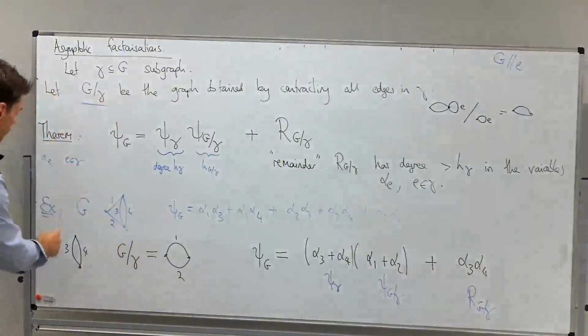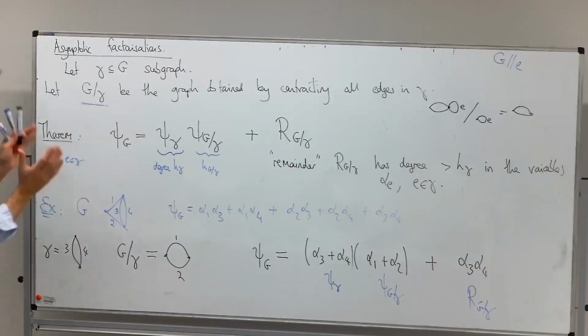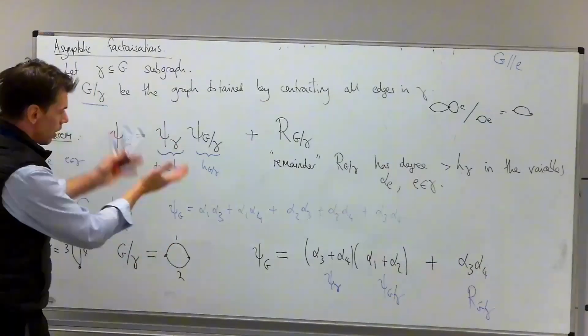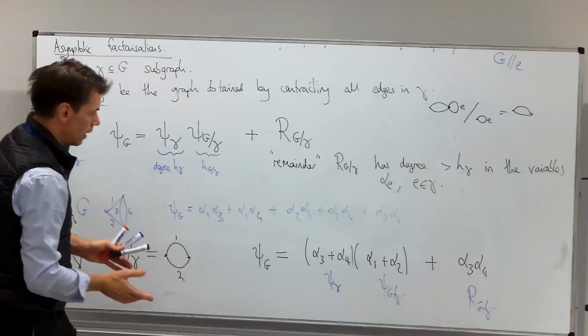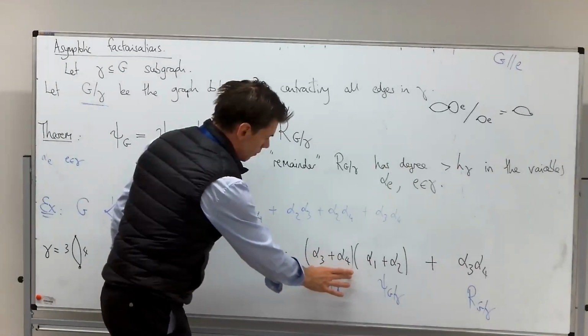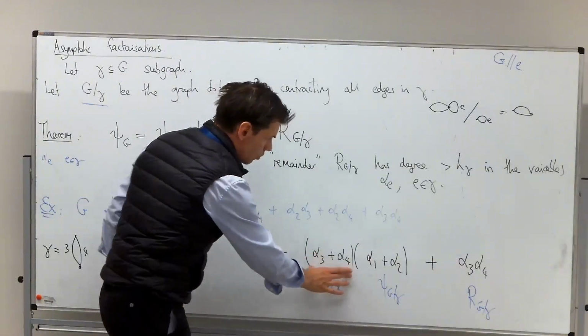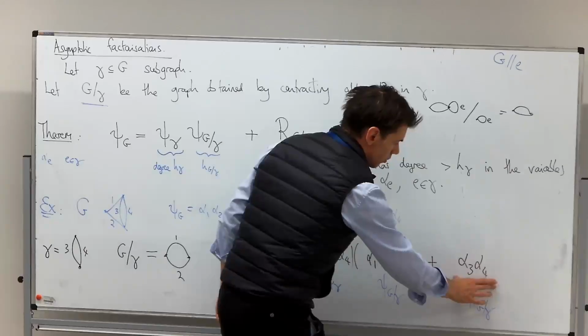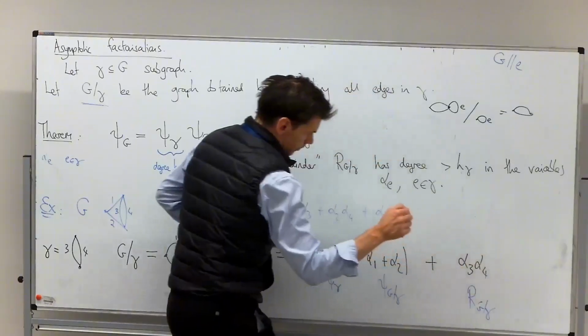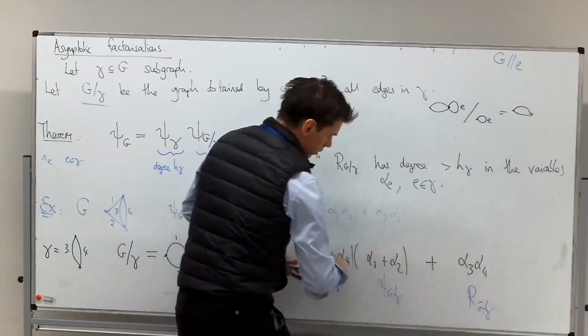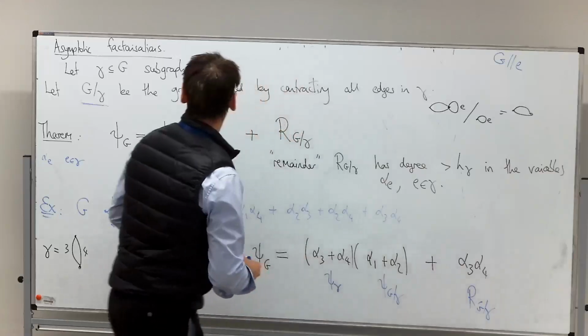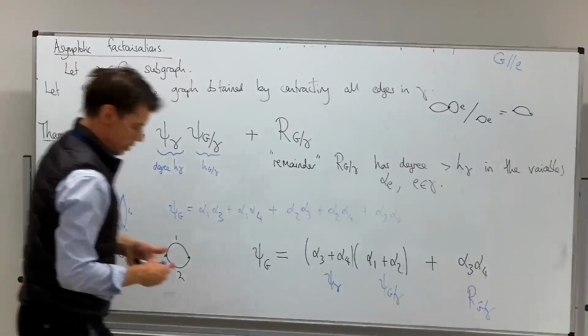So in other words, if you let alpha 3 and alpha 4 go to 0, you multiply them by some scalar epsilon, this will be order of epsilon, this is order of epsilon squared. So in the limit, as alpha 3, alpha 4 go to 0, it actually factorizes. That's why it's called an asymptotic factorization.